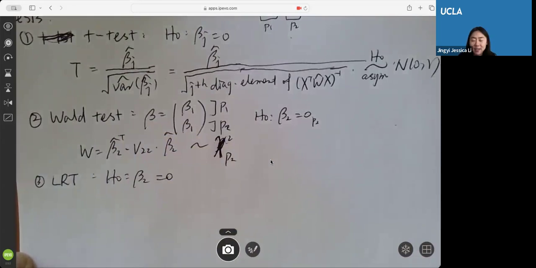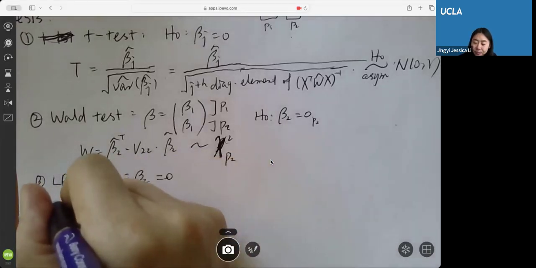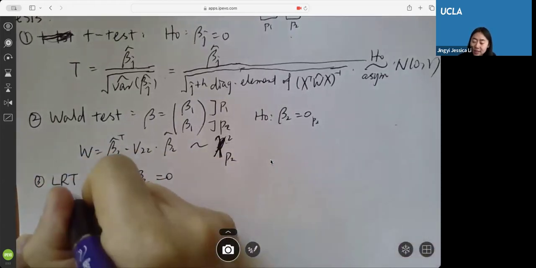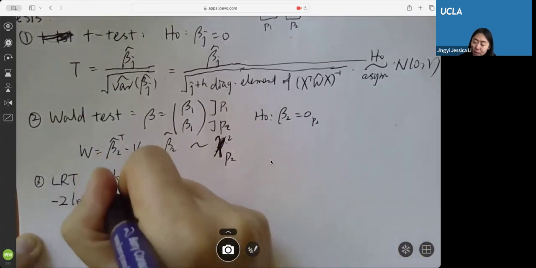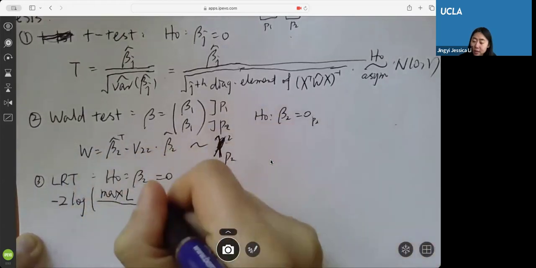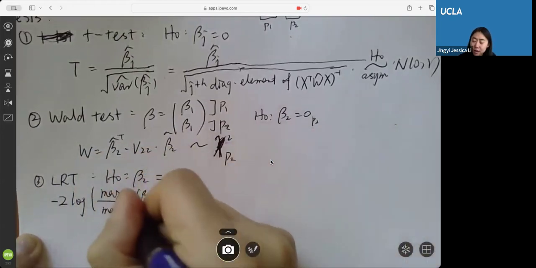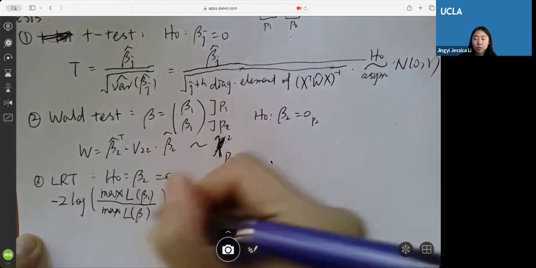We need to get a log likelihood ratio test statistic, right? So the LRT statistic should be -2 times the log of the ratio of the maximum likelihood with beta 1 only over the maximum likelihood with the full model beta, right?